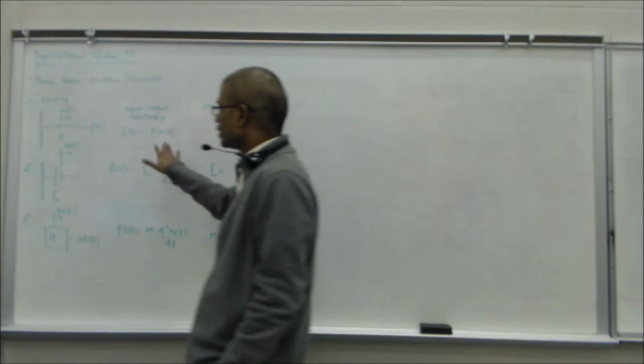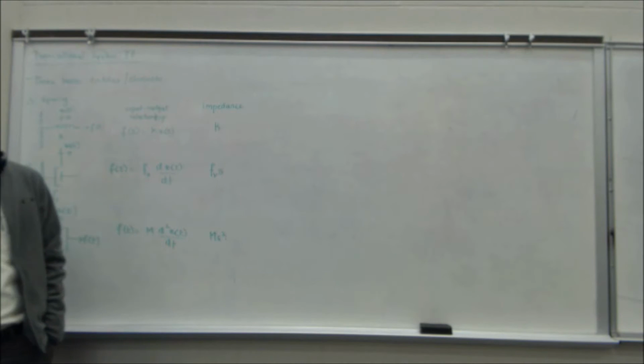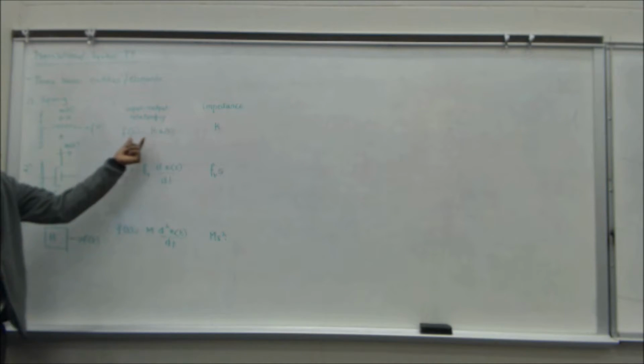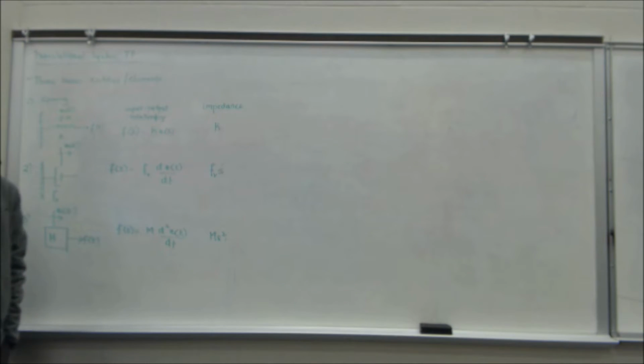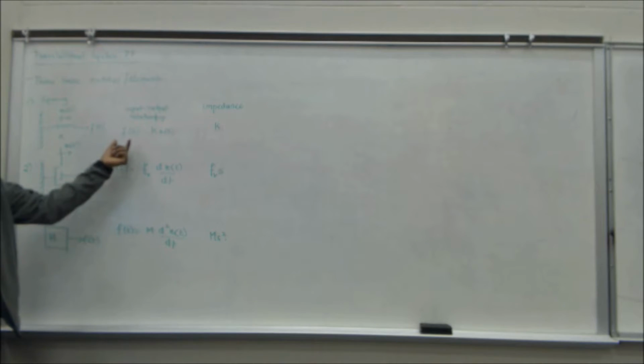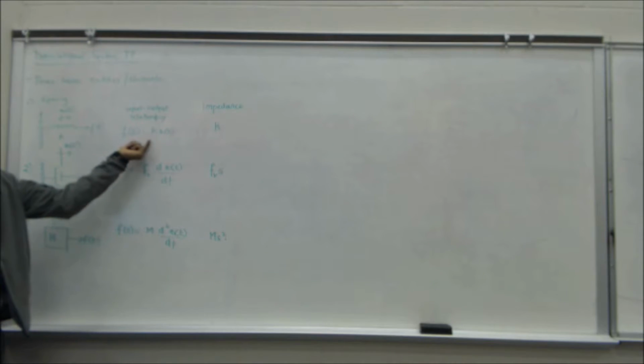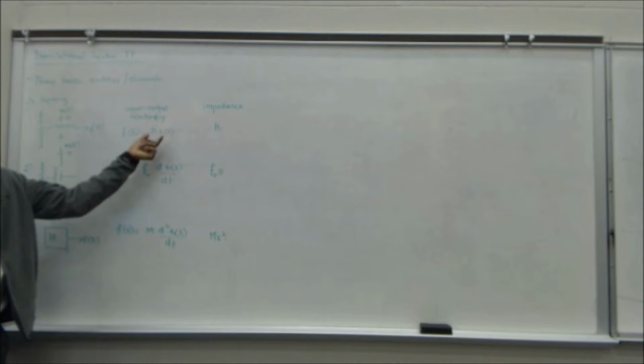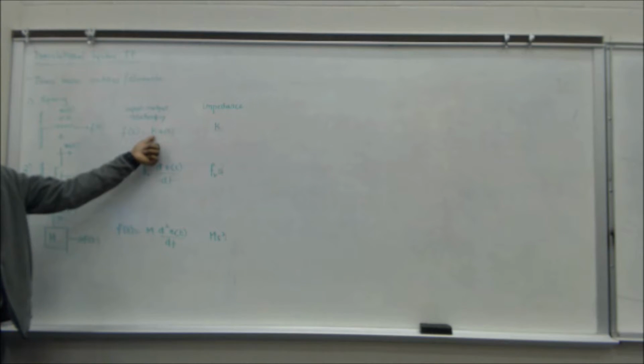Here we are interested in displacement. So the output is displacement and the input is a force, applied force. So the input-output relationship is applied force is equal to K into x of t. This K is a constant. You understand that, right? Spring constant. It is a property of the material and how you coil it.